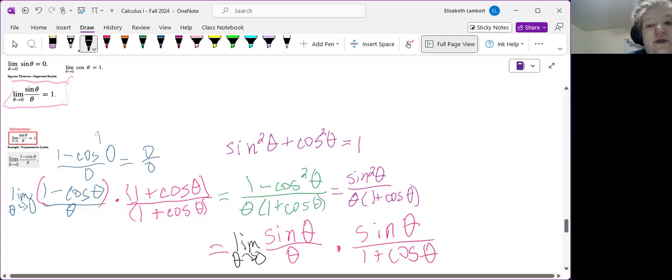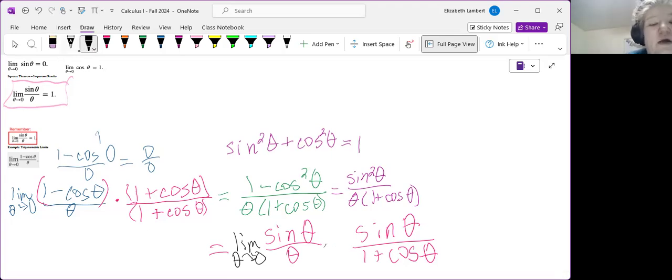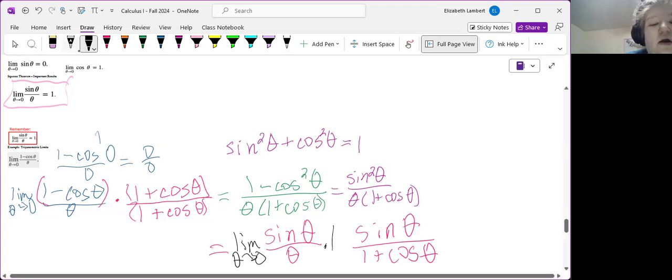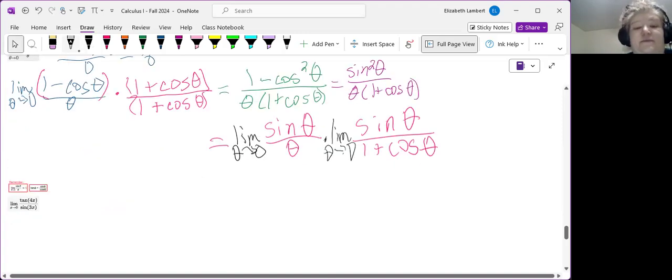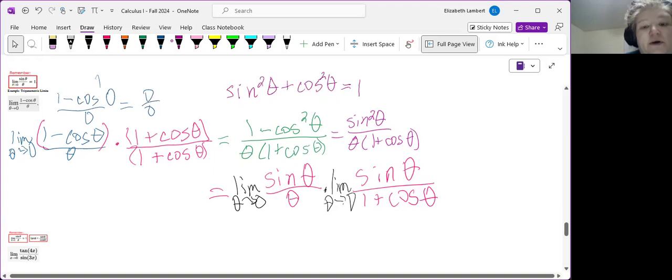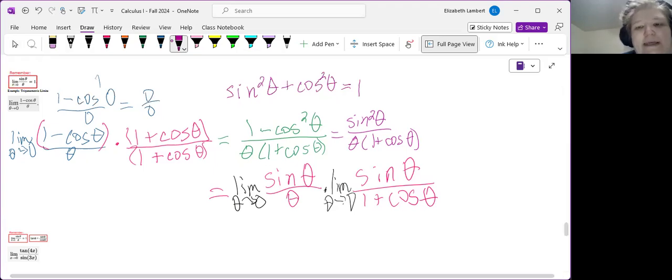And we also know the limit distributes across multiplication, so this thing here can go in there. And now this first guy is literally our, remember, sine theta over theta as theta goes to 0 is 1.